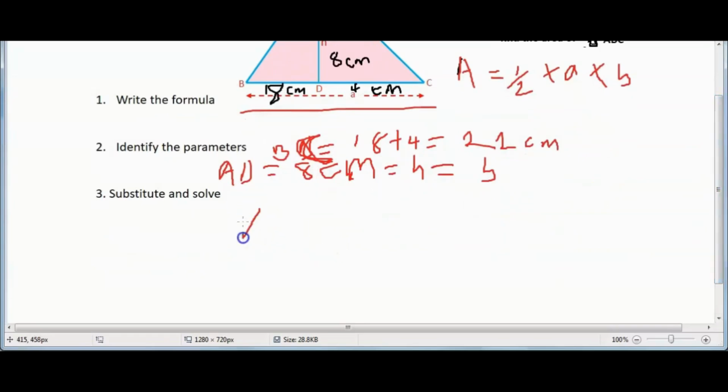So the area will be equal to half times 22 times 8, which translates to 88 centimeters squared.